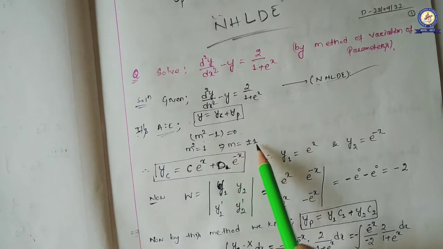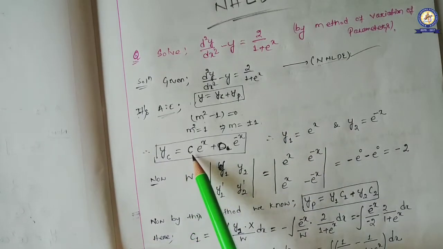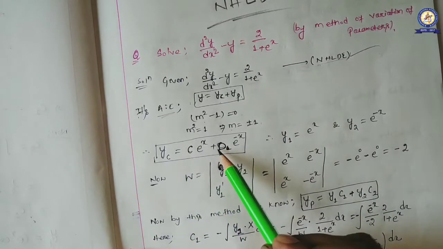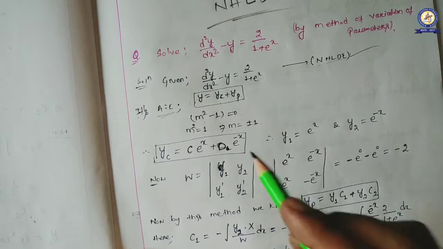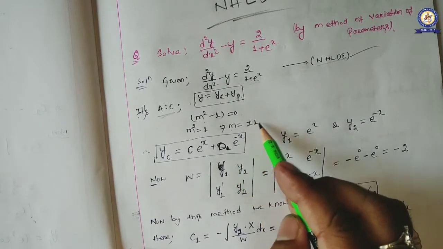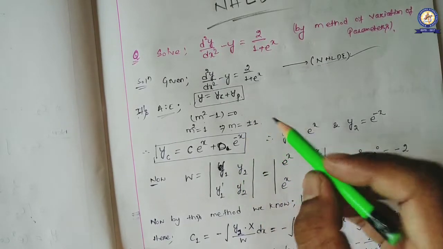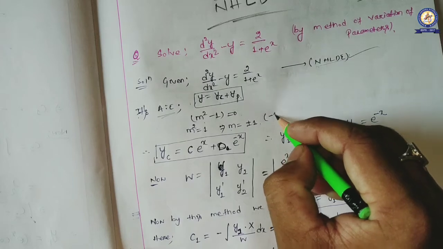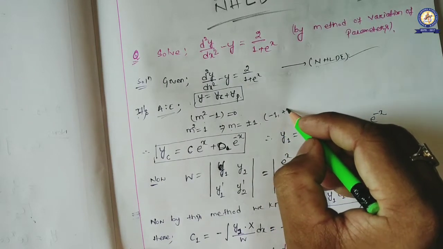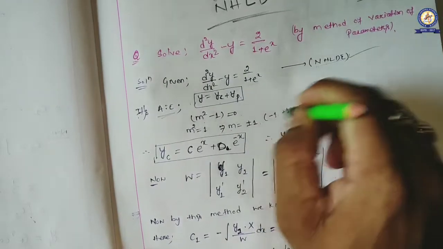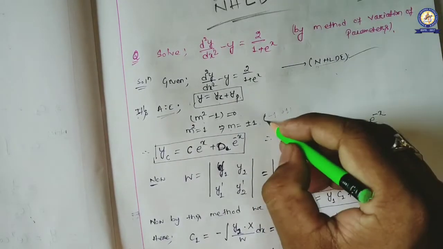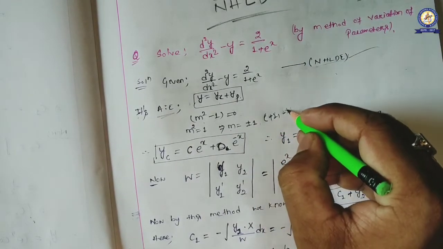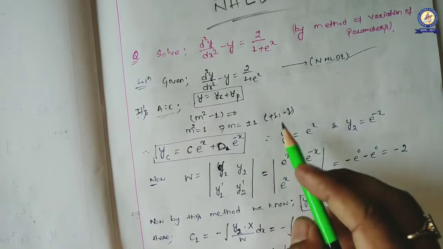So m equal to plus or minus 1. For that, yc is c into e to the x plus d into e to the minus x, because the two roots are different: one is plus 1 and another is minus 1, two distinct roots.